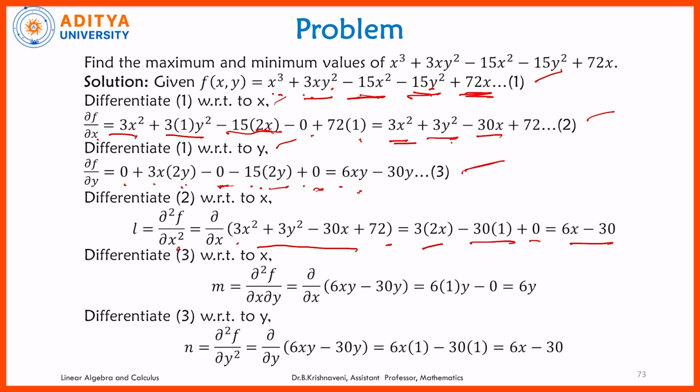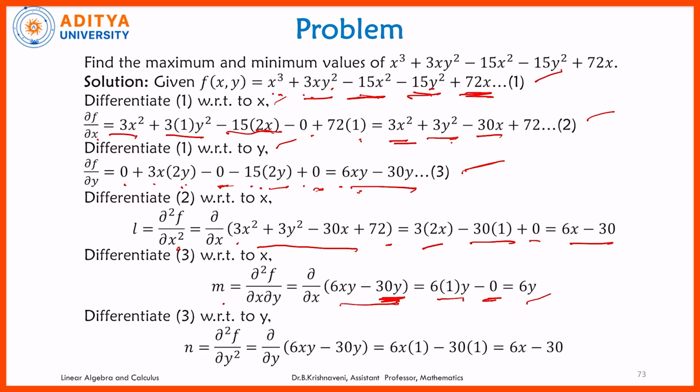Next, differentiating equation 3 with respect to x, which is M, dou square f by dou x dou y. That is dou by dou x of dou f by dou y. Dou f by dou y is 6xy minus 30y. Now, derivative with respect to x partially: 6 into 1 into y, minus with respect to x 30y constant, derivative 0, which is 6y.